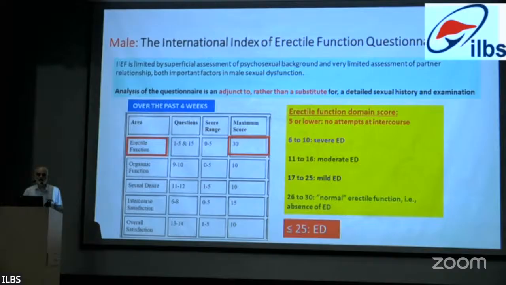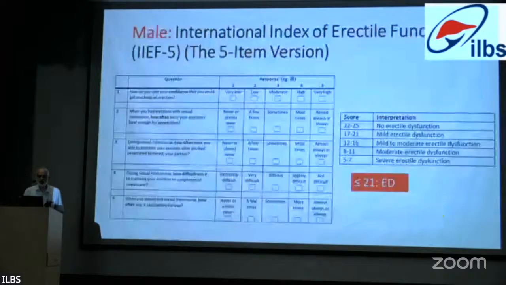Based on the overall score, if the score is less than 25, then it is erectile dysfunction, and according to severity, we can grade. For example, between 6 to 10, it is severe, 11 to 16, moderate, and 17 to 25, mild. 26 to 30 is normal. So this is one questionnaire, IIEF.